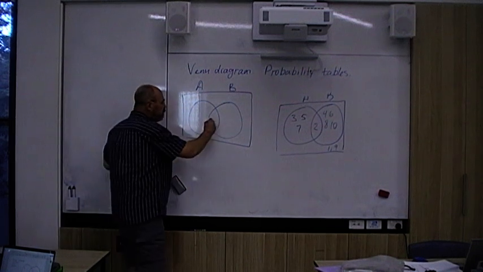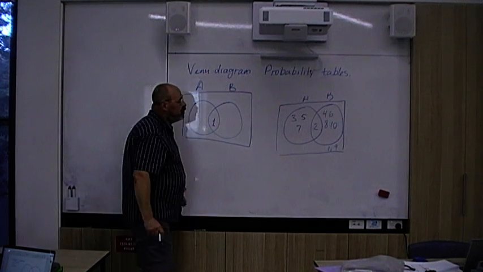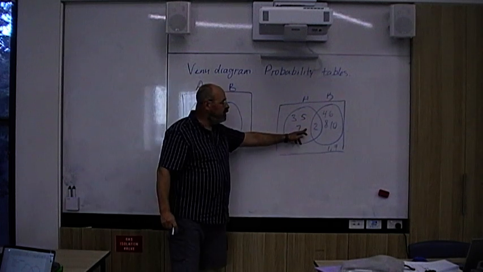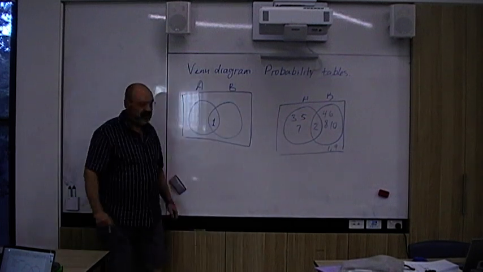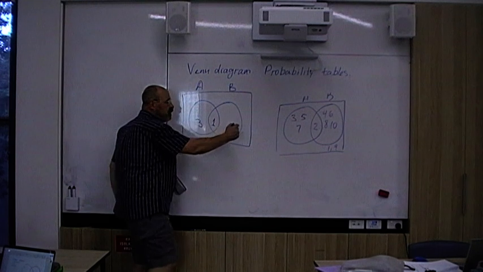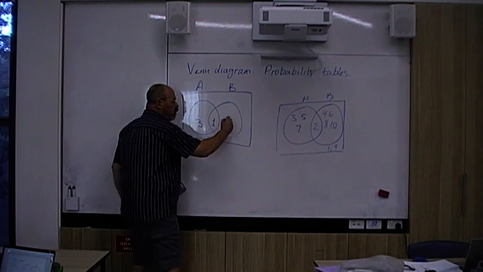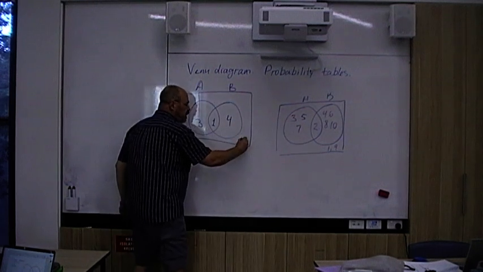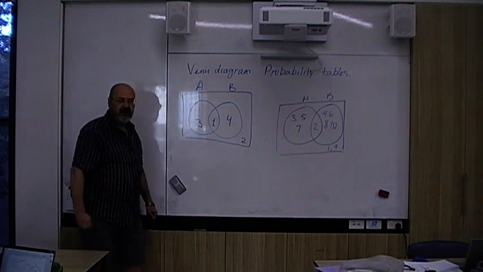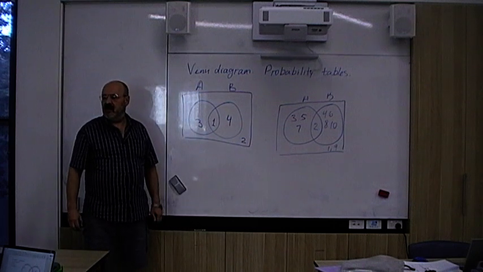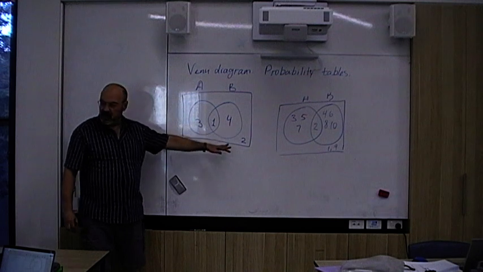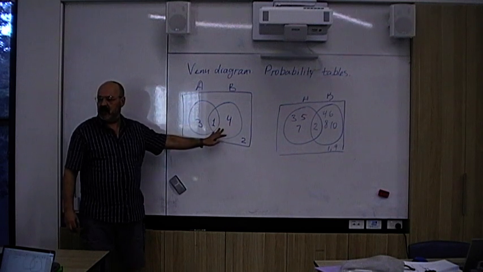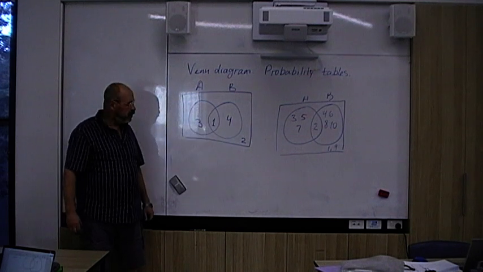We have one number. How many numbers do we have in A which are not in B? We have 3 numbers here: 3, 5, and 7. We have 4 numbers here, and we have 2 numbers here. We are not listing the numbers, we are writing how many results are in each part.